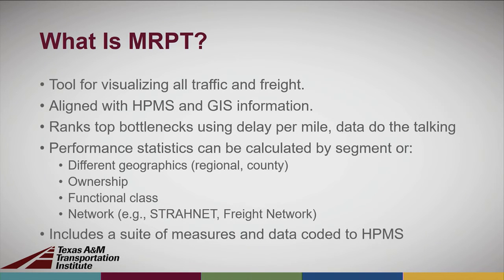They wanted to be able to zoom in and zoom out, and they wanted to know who owns the road, where it is, the functional class, and is it on the National Highway System, is it on the Strategic Highway Network, or other things about it, so they had some good intel. So the tool that I'll show you in a little bit includes a suite of measures, and the data are all aligned to their HPMS network, so they can put anything from HPMS into the tool, and we continue to work with them to try to add some measures.